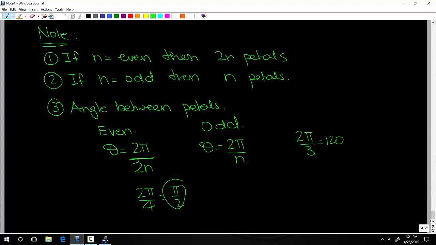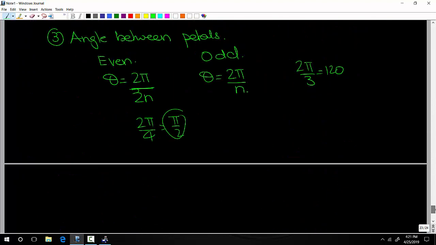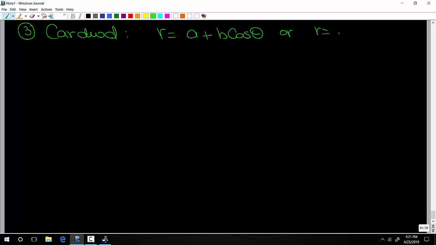All right. So the next type of graph we want to take a look at is called a cardioid. Okay, and it looks like this. r is equal to a plus b cosine theta, or r is equal to a plus b sine theta.